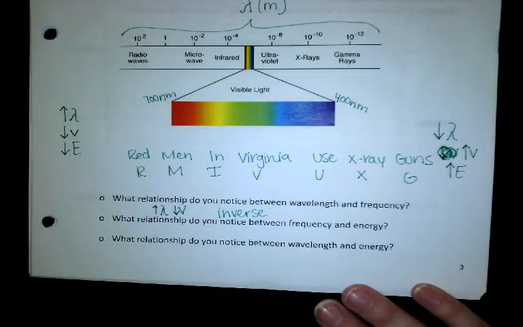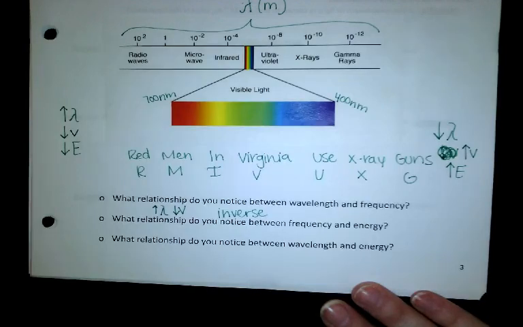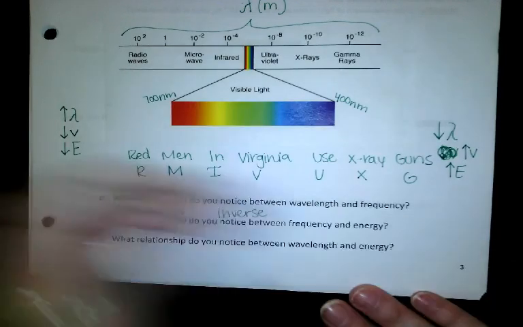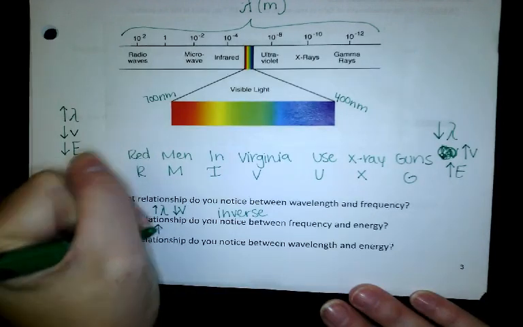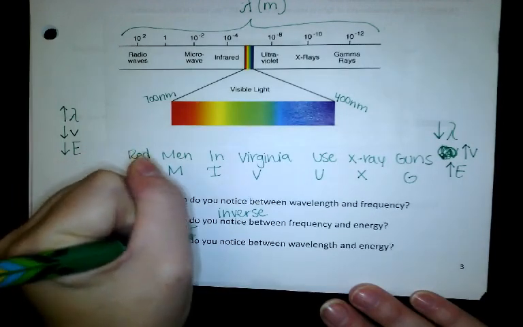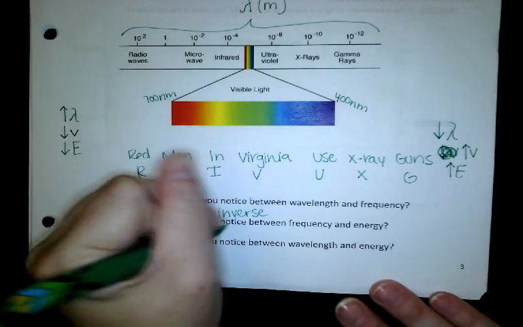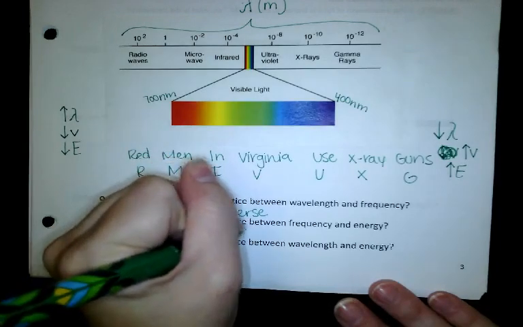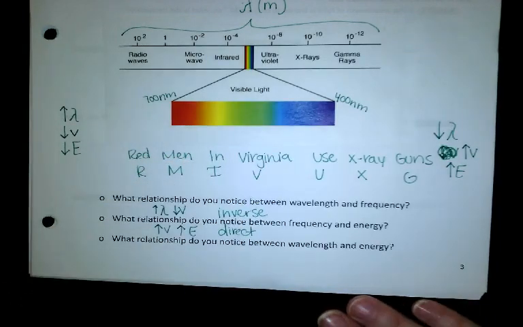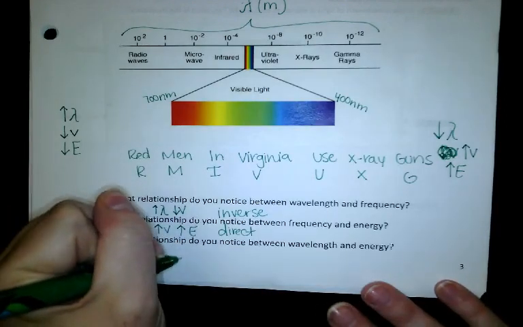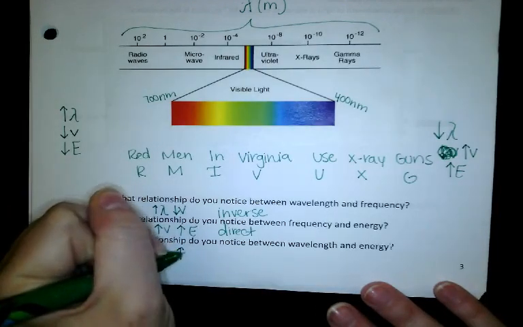Now, what relationship do you notice between frequency and energy? If you have a higher frequency, you're going to have a higher energy. That is called a direct relationship. Then, what relationship do you notice between wavelength and energy? As wavelength increases, energy is going to decrease.